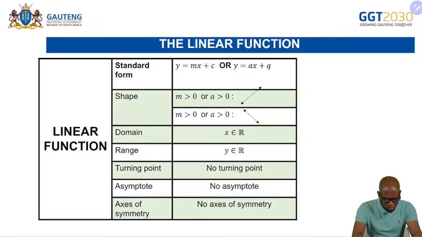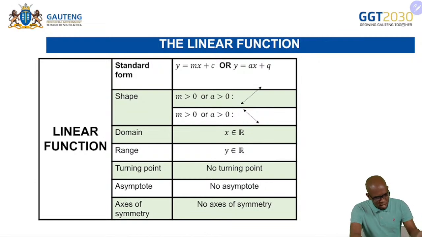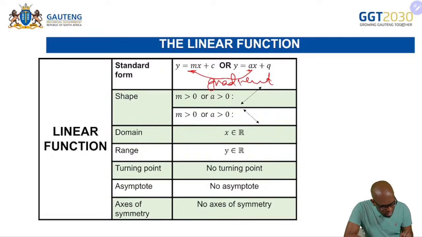Let us zoom into the linear function and look at some of the parameters that the linear function would have. Obviously we look at the standard shape. The linear function would always have the gradient. M or a here represents that gradient, and for us to calculate the gradient we can use change in y over change in x, y2 minus y1 over x2 minus x1.